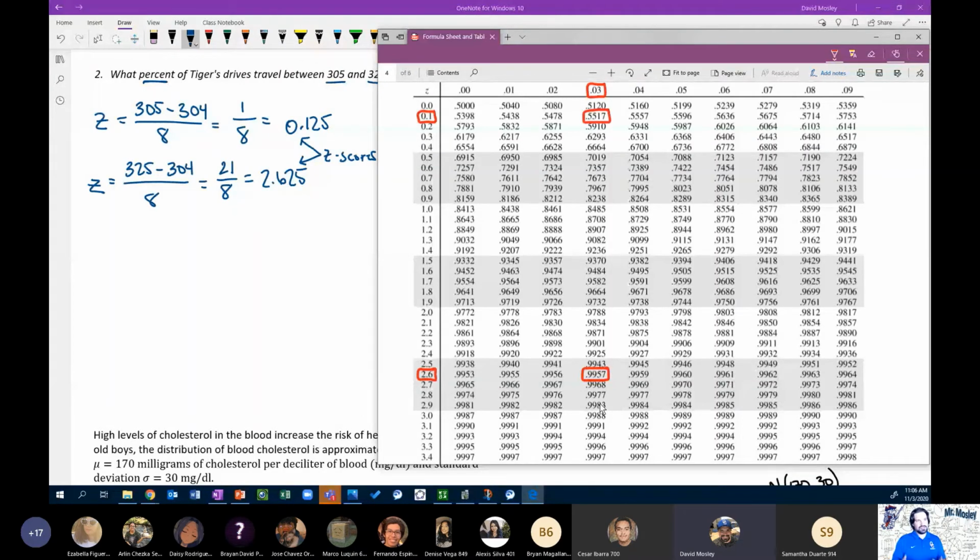So the 0.9957 is the proportion of the area under the curve to the left of that z-score, and the 0.5517 is the portion of the curve to the left of that smaller score. I need what's in between, so I'm going to subtract the smaller proportion from the larger proportion.